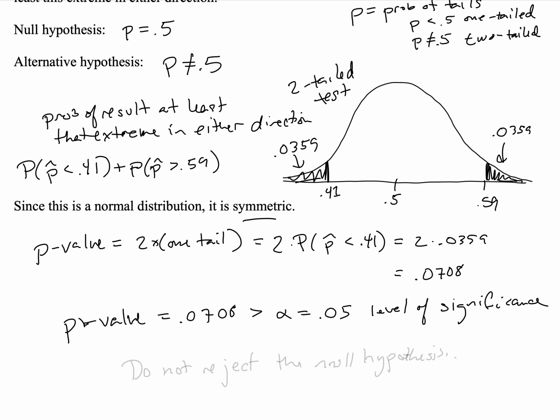Here, the p-value is greater than that, so we do not reject the null hypothesis in this case. We do not reject the null hypothesis because this event was not unlikely enough to say it happens less than 5% of the time, which was our cutoff point in this case.